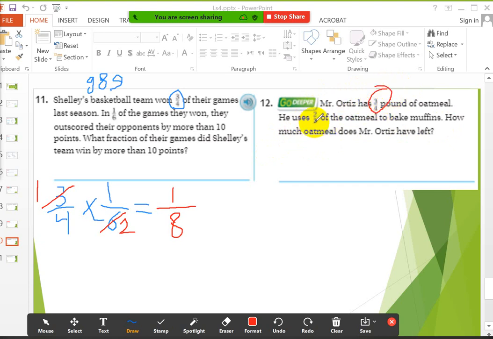The amount of oatmeal is 3/4 pound, and he will take 2/3 from this 3/4 pound. That means we want to know how much oatmeal Mr. Ortiz has left.